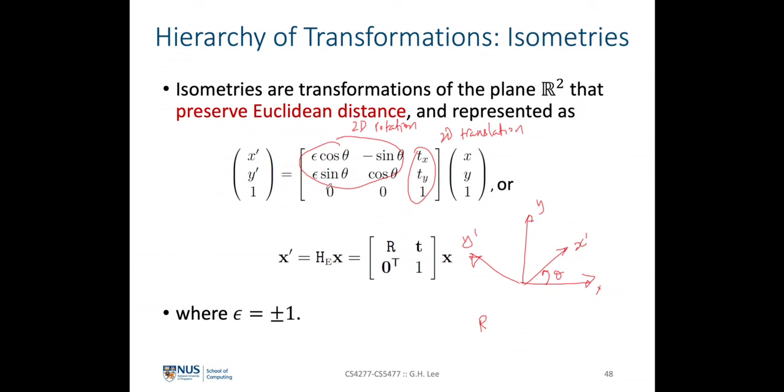But assuming that epsilon is equal to 1, then this would be a rotation matrix that maps this particular point in the original x, y axis into the new x prime and y prime axis after the transformation. And in this case here, the rotation is anchored upon the origin.